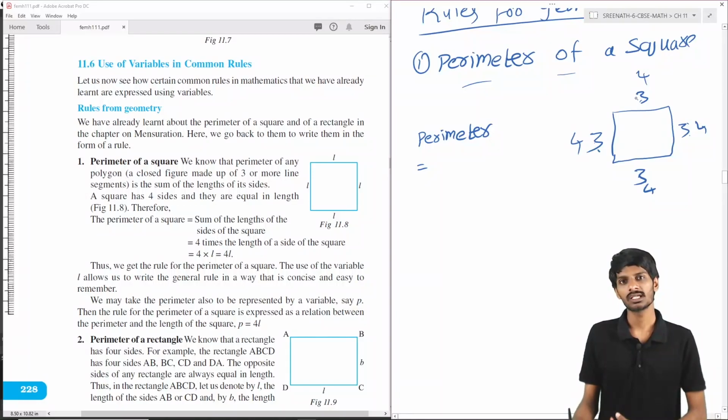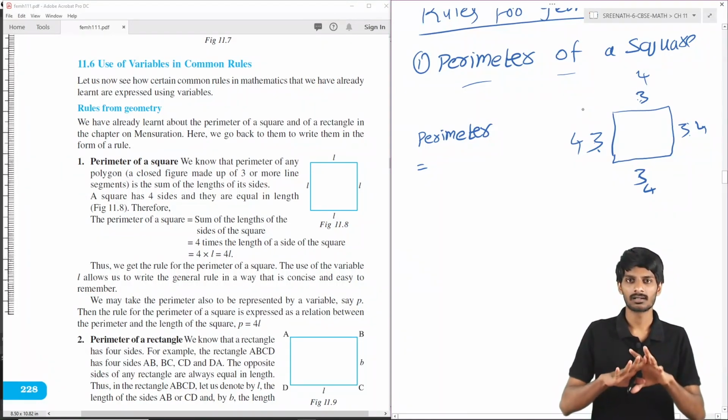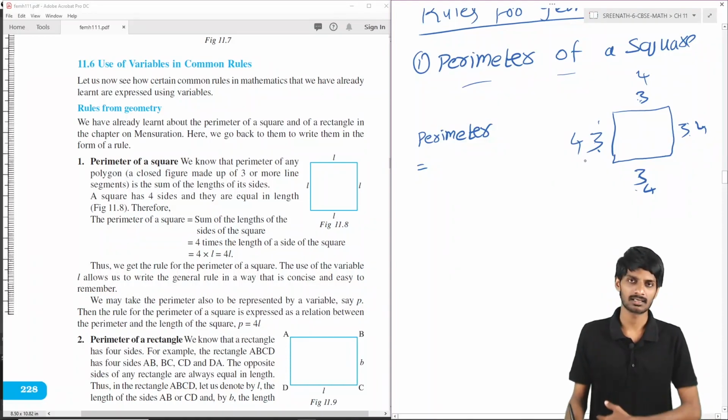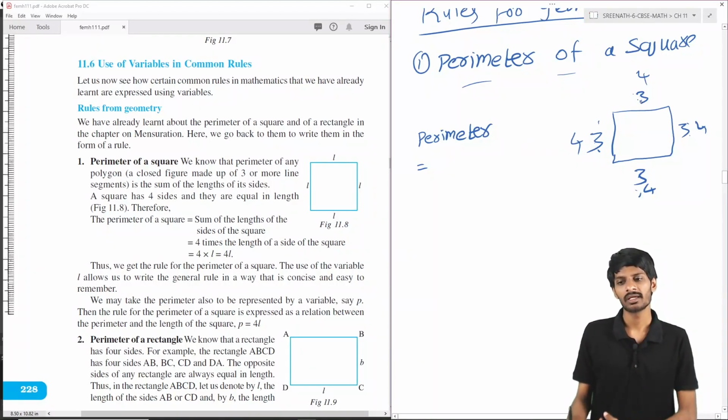And one more thing, perimeter means the sum of all lengths: this length, this length, this length, this length. That is called perimeter. Here it is a square, so every side has the same length. So instead of adding, we simply multiply by 4. That is 4 into the length of each side.